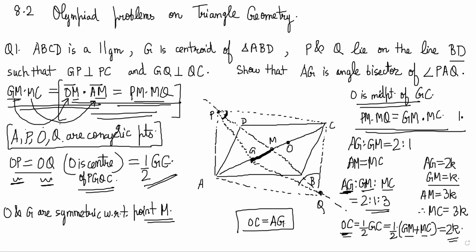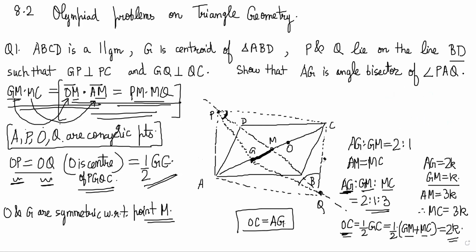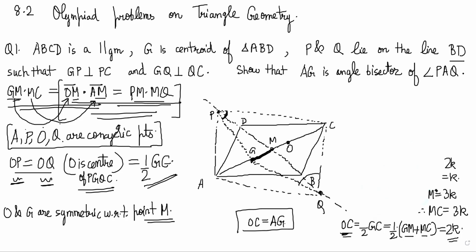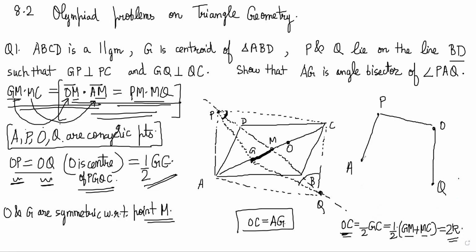So if I redraw the figure a little bit, I will try to make the APOQ cyclic quadrilateral. So I will have P here, A here, O somewhere here, and Q here. This is my quadrilateral APOQ, and we already know OP and OQ are the same, right?